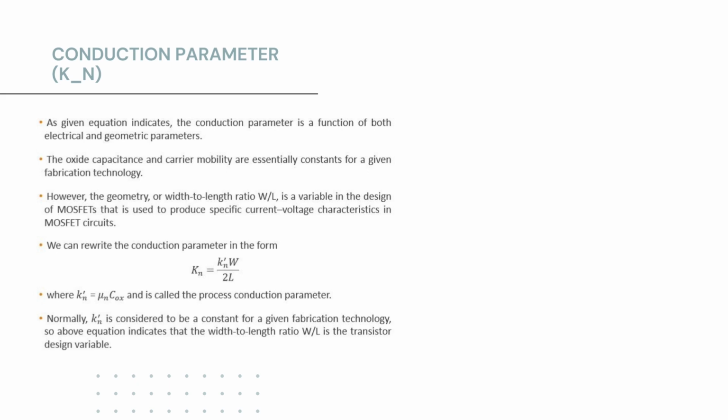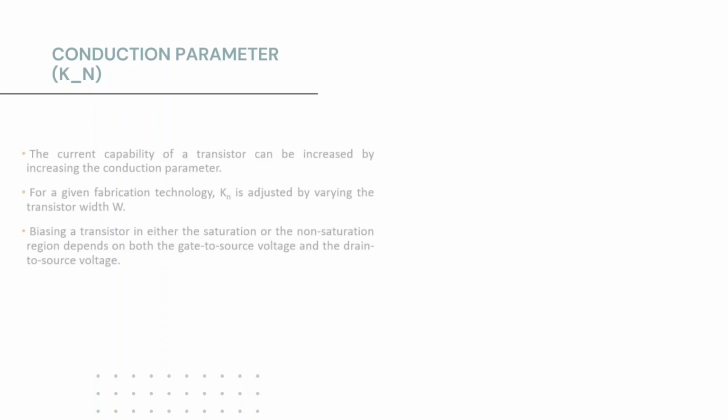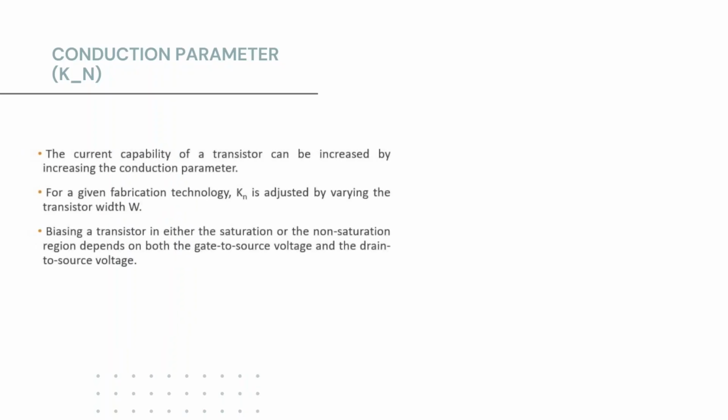So the above equation indicates that the width to length ratio W by L is the transistor design variable. The current capability of the transistor can be increased by increasing the conduction parameter. For a given fabrication technology, Kn is adjusted by varying the transistor width.